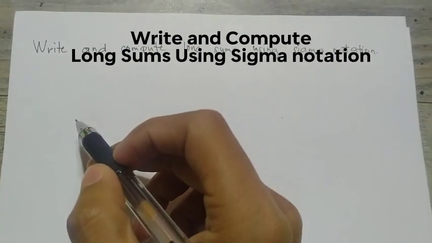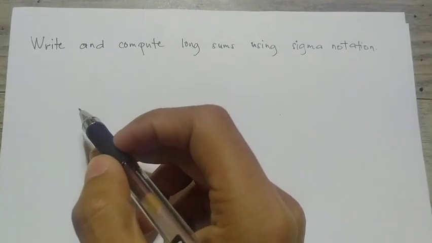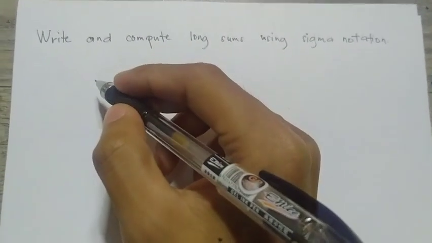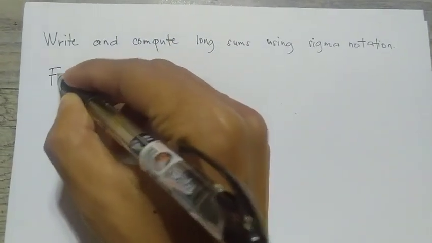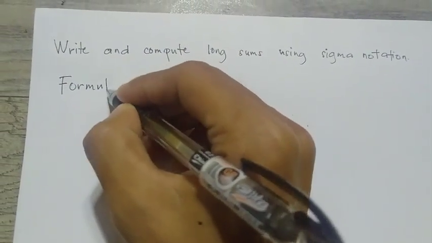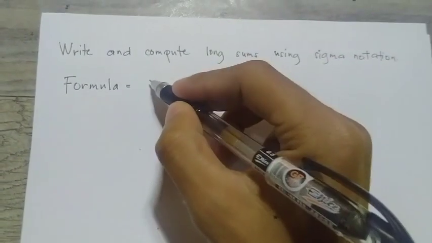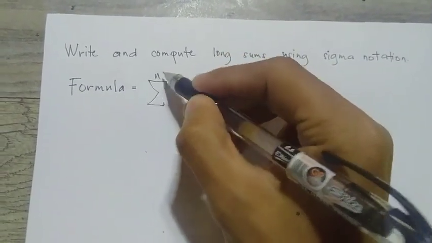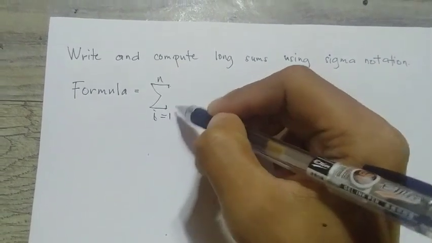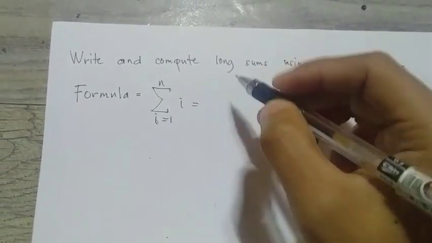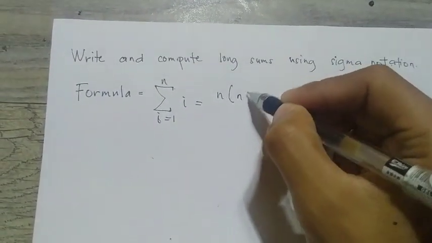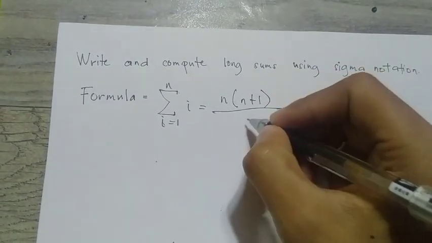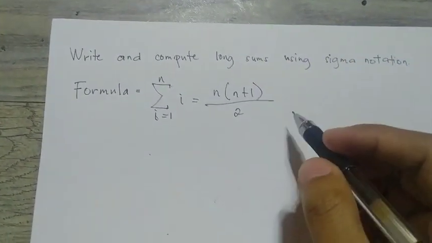In computing long sums using sigma notation, we have this formula. The formula is the sum from i equals 1 to n of i equals n times n plus 1 over 2.